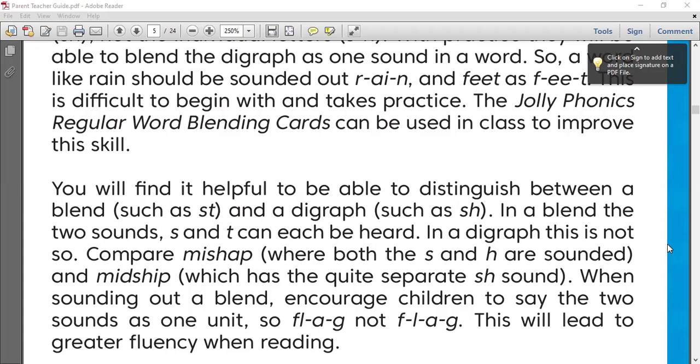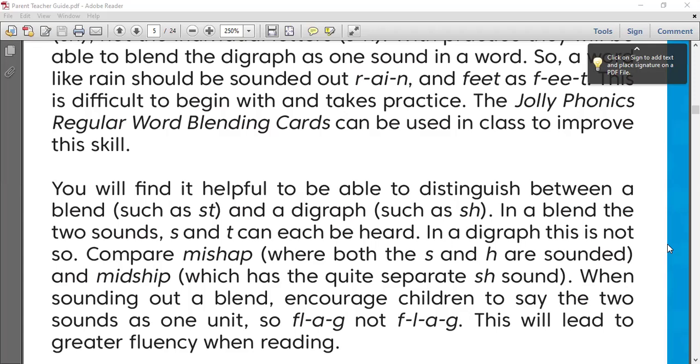When sounding out a blend, encourage children to say the two sounds as one unit. As I told you, they do not understand the word unit. So that is why we say, let's have friends together.